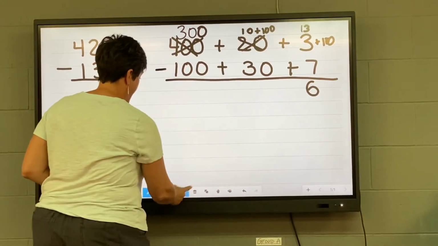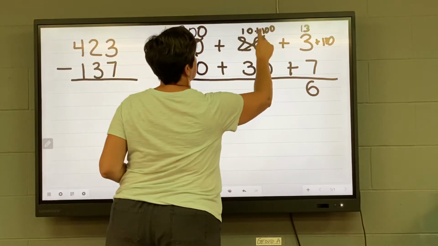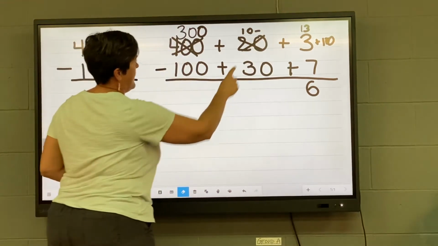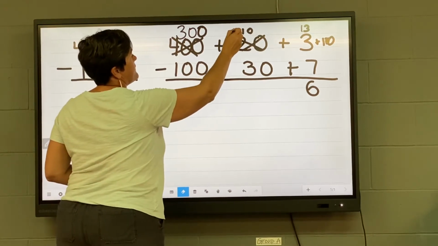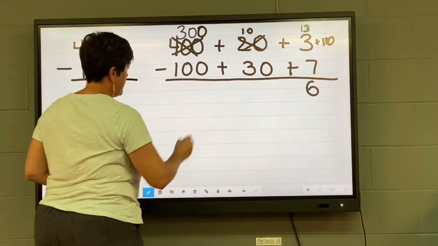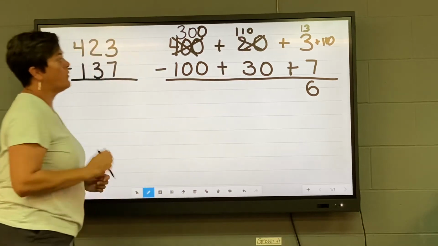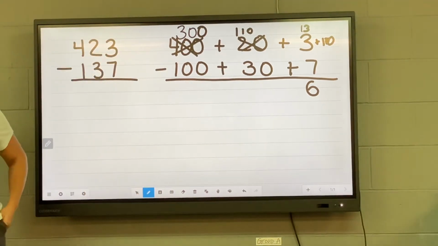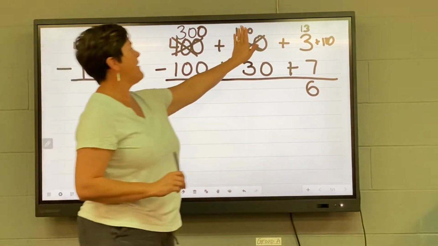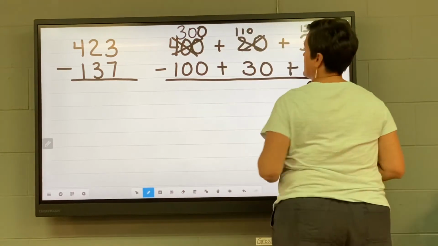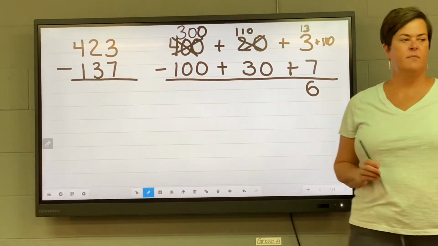So if I had 10 and I add that 100 to it, I now have 110. So it's like saying 11 minus 3. What's 11 minus 3?